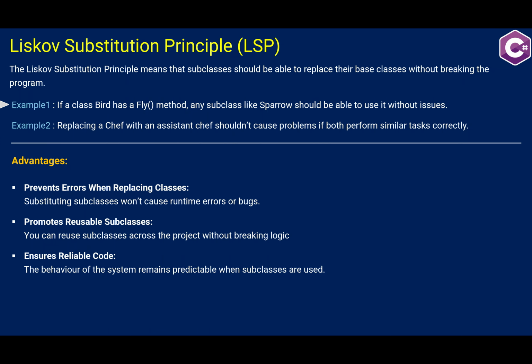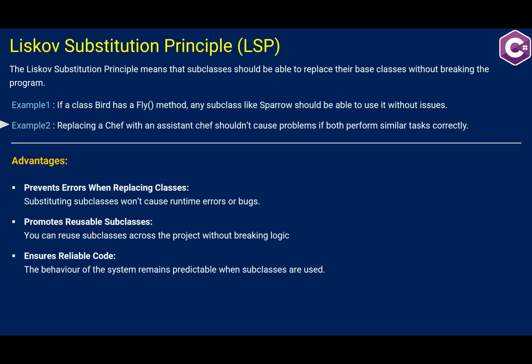So for example, if you have one class, let's say bird, that bird has a fly method, and if you refer to that bird as the parent class for the child classes, then those child classes should also be able to use those methods, I mean parent methods. Here the parent method is the fly method. Without any issues, that is the main principle of the Liskov substitution principle.